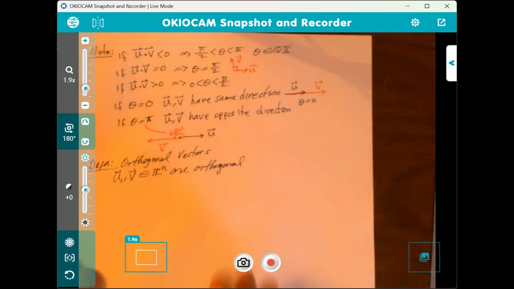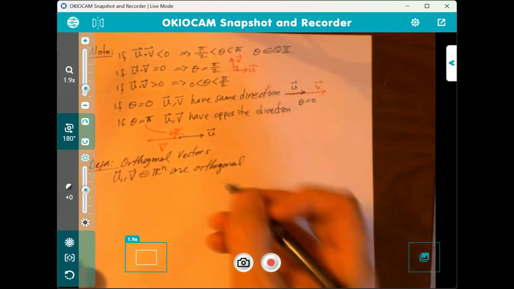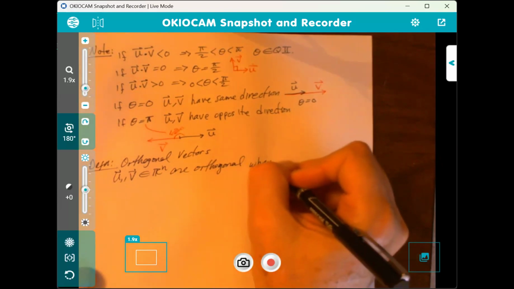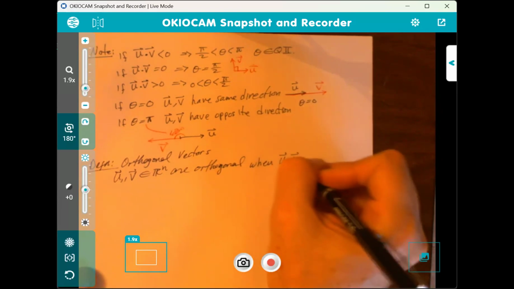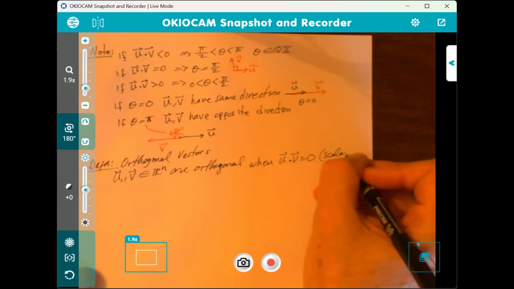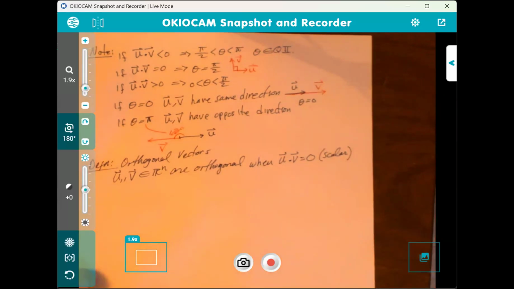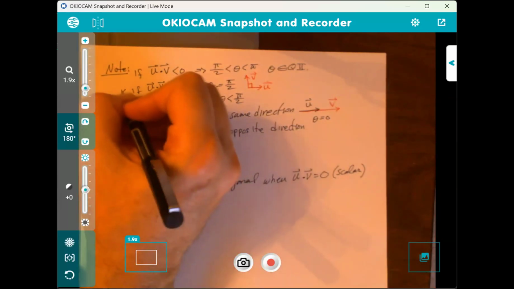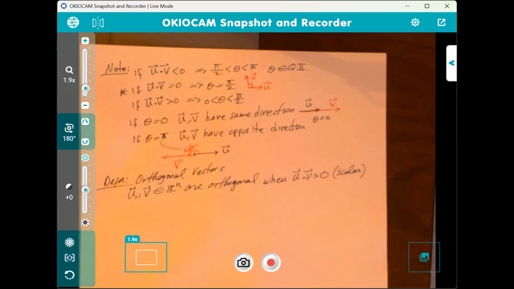Again, orthogonal means perpendicular. They're orthogonal when the dot product is 0, scalar 0, remember? Because dot product is always a scalar product. And there you have it. And that's what we said up here as well.